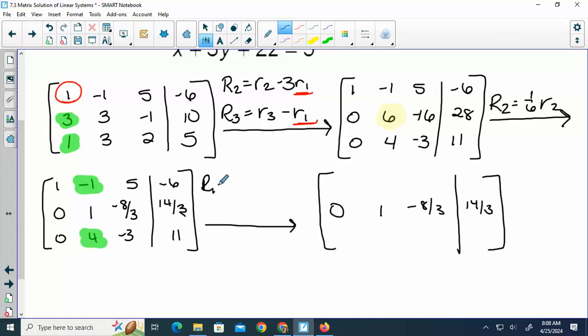So row 1, if you start with row 1, it is a negative 1, so we would have to add 1 of row 2. Row 3, starting with row 3, it is a positive 4, so we need to subtract 4 of row 2. Again, using the same row for both of these because that's where I have my 1.